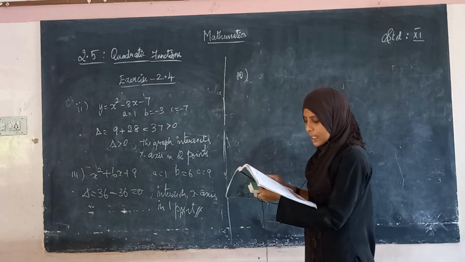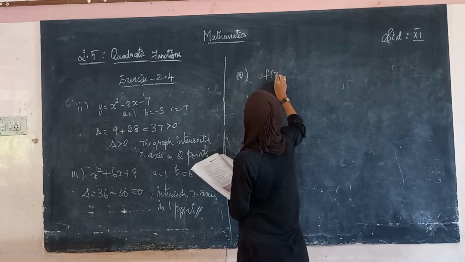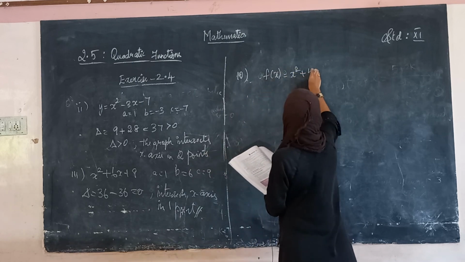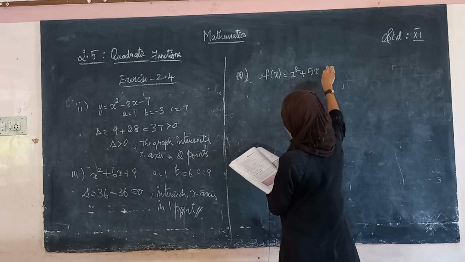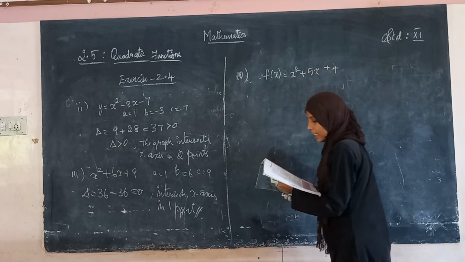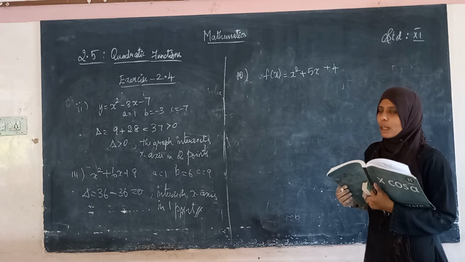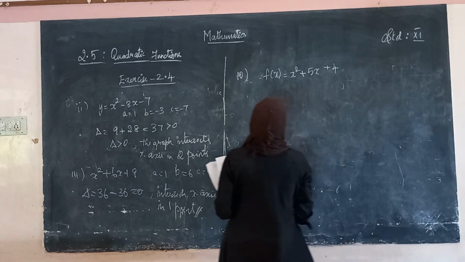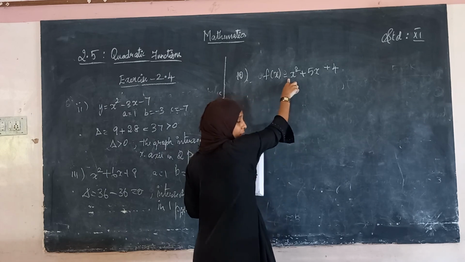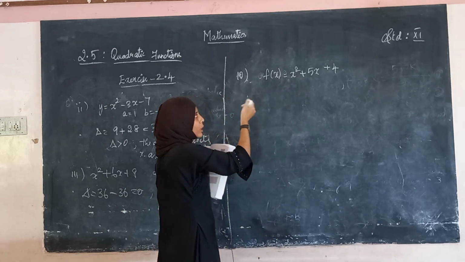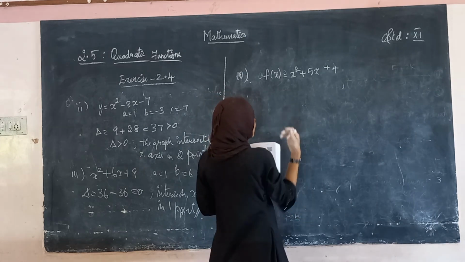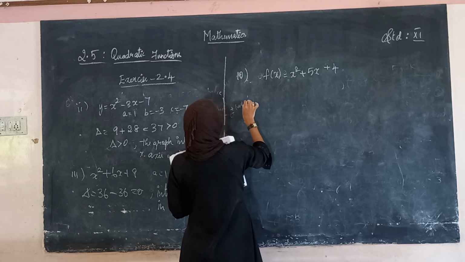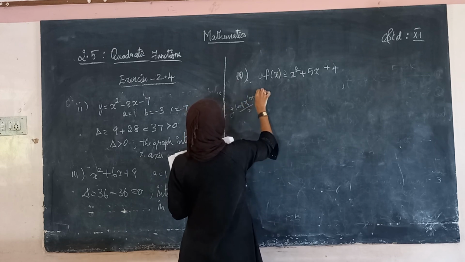Now the last sum. Write f of x is equal to x squared plus 5x plus 4 in the completing the square method. Completing the square method we have seen, right? So what do you have to do first? If we have a coefficient in x square, we have to take that out, but we don't have a coefficient in x square. Now the next step is plus or minus coefficient of x divided by 2 the whole square on both sides.